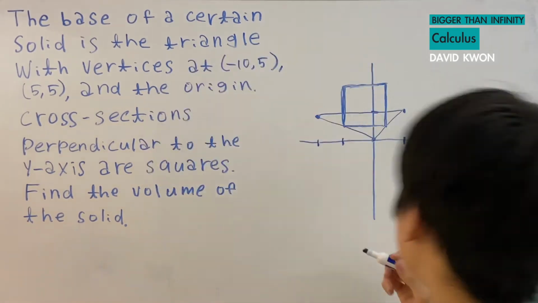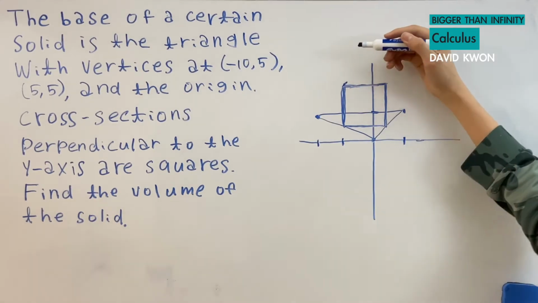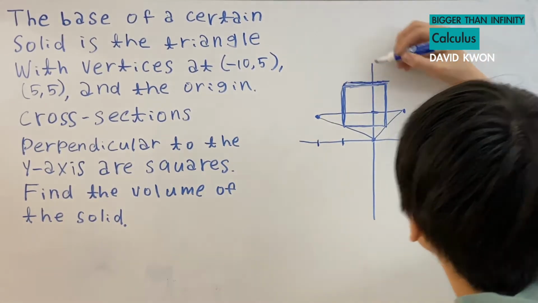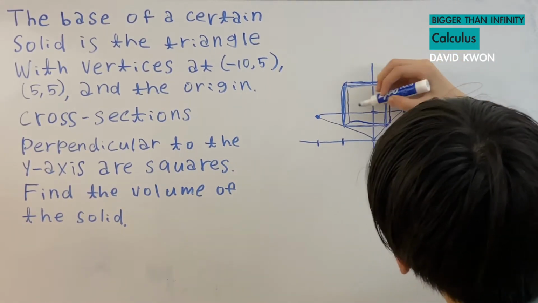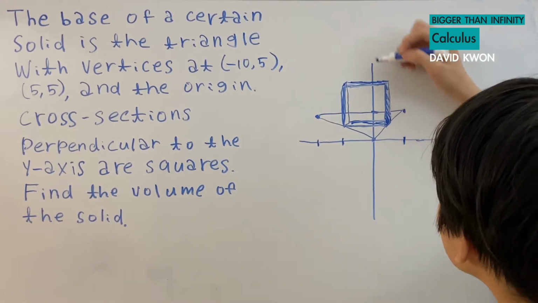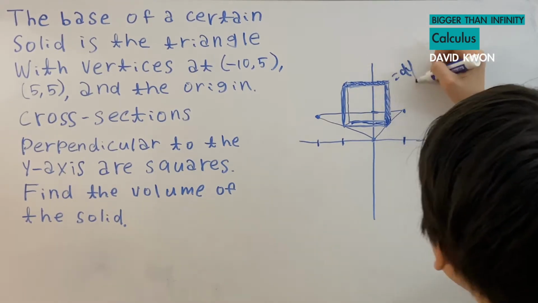Okay, now we have a square, but we need to determine if it's dy or dx, and that's why we have this thing. This shaded part is equal to dy, okay?